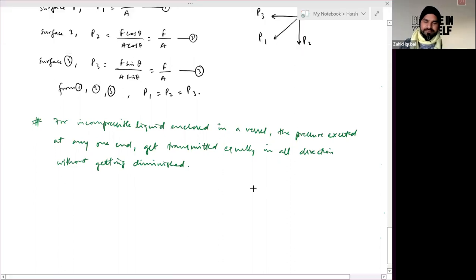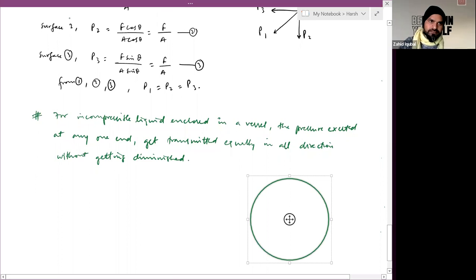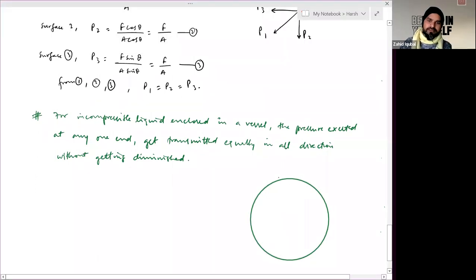Suppose you have a vessel and there is a piston at this point, another at this point, another at this point.